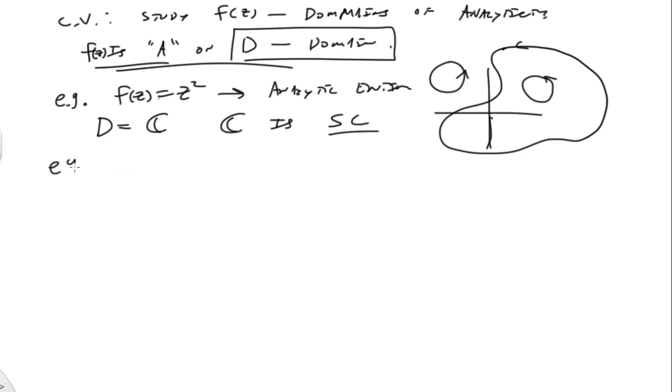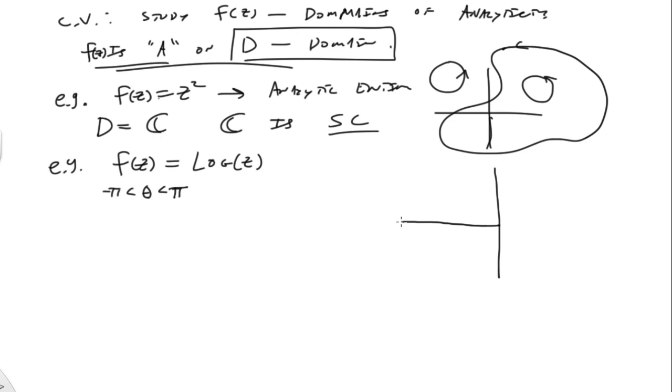All right, so now let's try another example, maybe a little bit more interesting. Let's try the function f of z is equal to the principal log of z. Of course, we're going to have the principal branch, so theta is greater than negative pi and less than pi. So I can draw what D looks like.